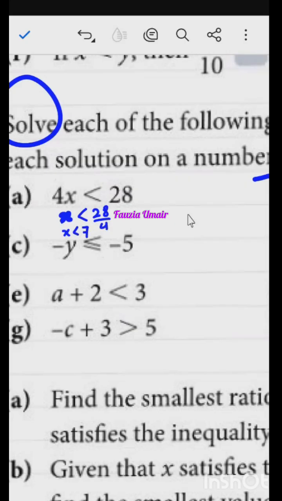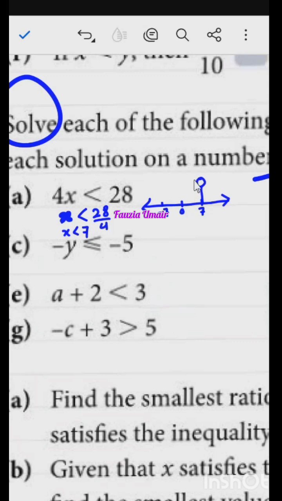Now we need to draw. So how will we draw it on a number line? Let's say this is 0, this is 7, and this is minus 7. Will the circle be filled? No, miss. The circle will not be filled.